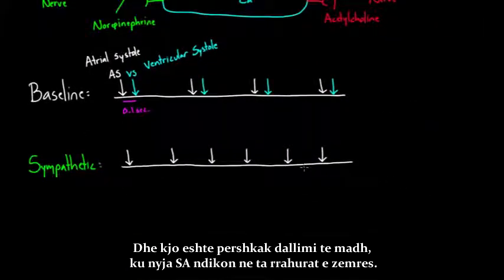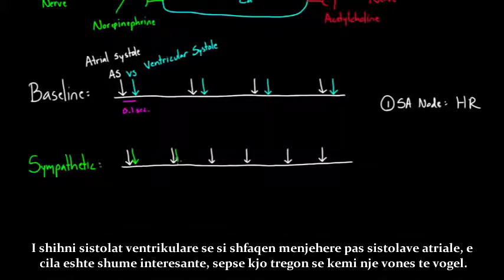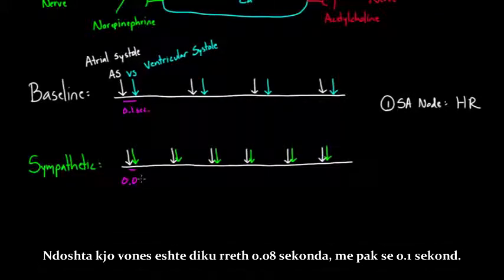And that's because the big difference is SA node affects heart rate. And if I was to draw in now my ventricles, I would draw something like this. And you see these ventricular systoles are happening right after the atrial systoles, which is actually really interesting because this points out that I have a smaller delay. Maybe my delay is maybe 0.08 seconds, slightly less than 0.1 second.